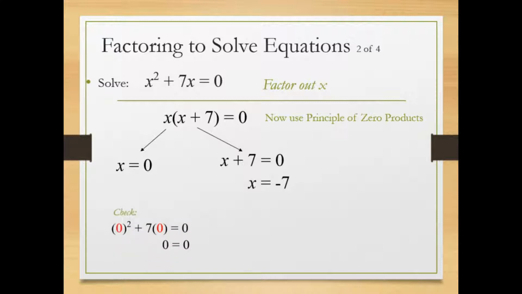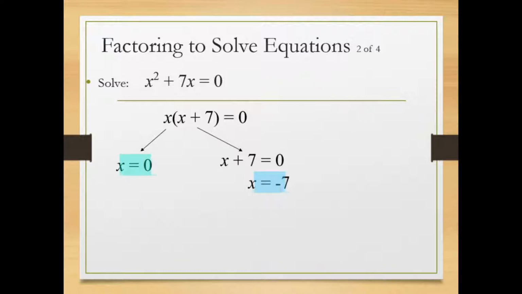To check the solution, the variable is replaced with the value that we found to see if it is true, and x replaced with 0 gives us a true expression, and likewise when we replace x with -7 following the order of operations, squaring, multiplying, and then subtracting, we also have a true expression. So our solutions to this equation are 0 and -7.